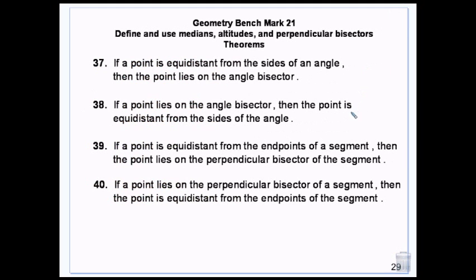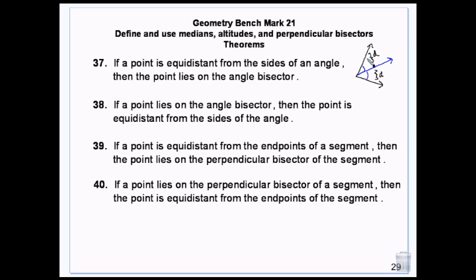All right, we have some theorems. If a point is equidistant from the sides of an angle, then it lies on the angle bisector. So if I have some angle, and I have some point right here, and these distances are the same, then that point is on the angle bisector.